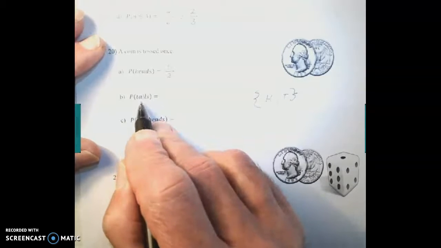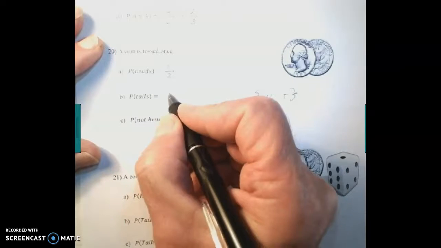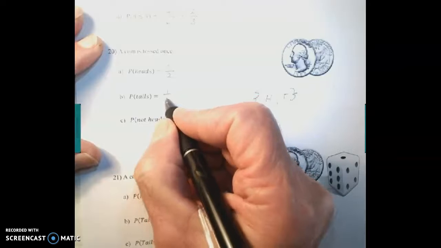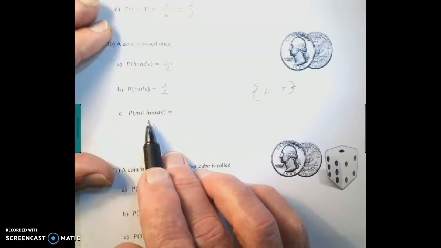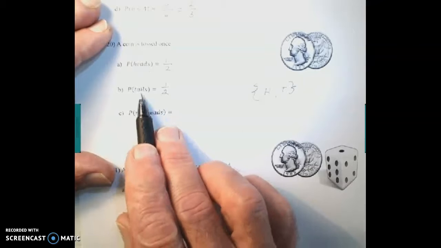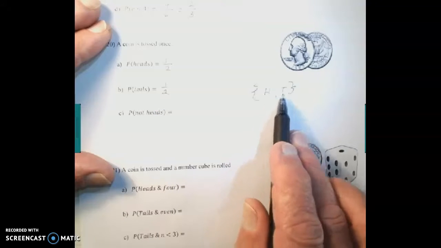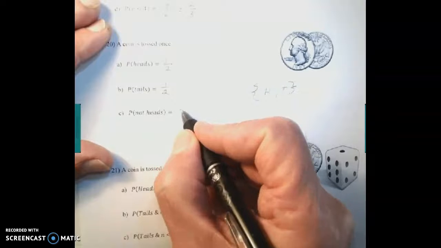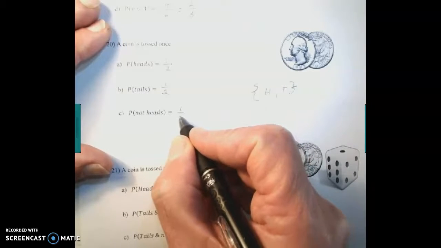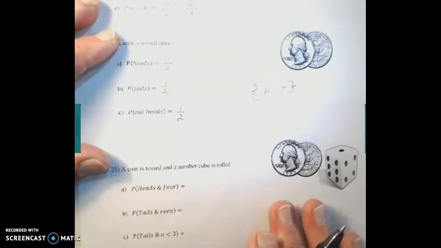The probability of getting tails, again, 1 favorable out of 2 total possible. Not heads, well, what's not heads would be tails. That'd be the same as the answer we just said. 1/2. 1 favorable out of 2 possible.